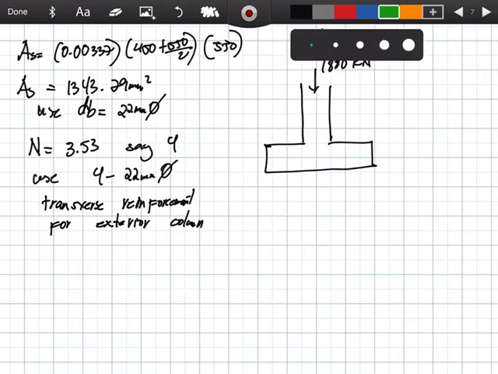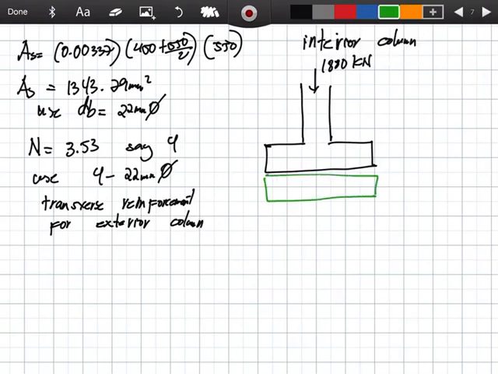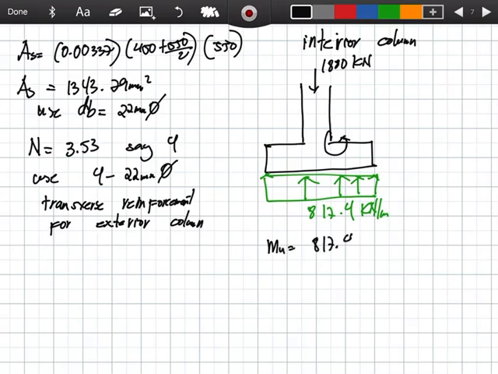Kilonewton, tapos 1880 divide it by 2.3, 817.4 kilonewton meter. Dito ulit tayo mag-moment. Okay. MU. Okay, ano naman itong distance na to? 2.3 minus 0.5 divide it by 2, 0.9.